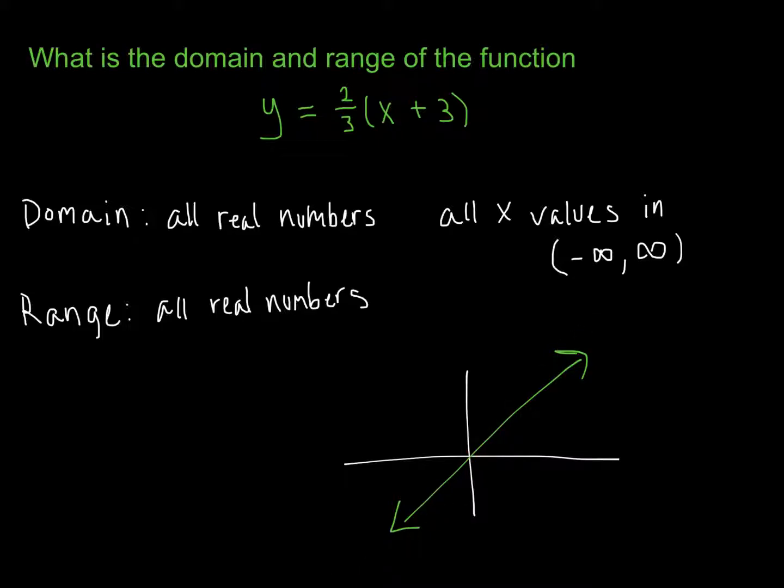So if you have a y value in mind, your line will be able to reach that y value at some point, and so all real numbers. And again, I can use interval notation, and I can say that the range is between negative infinity and positive infinity. Okay, and sometimes you'll see people write it as an interval.